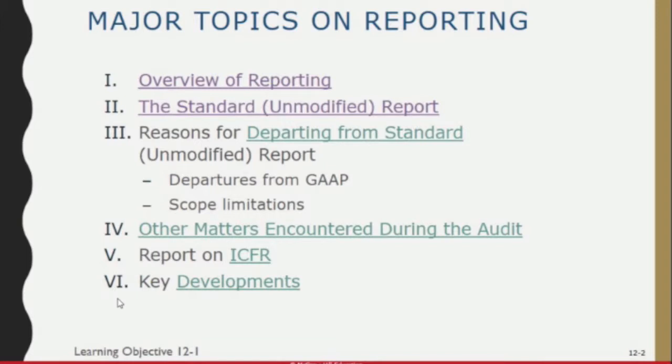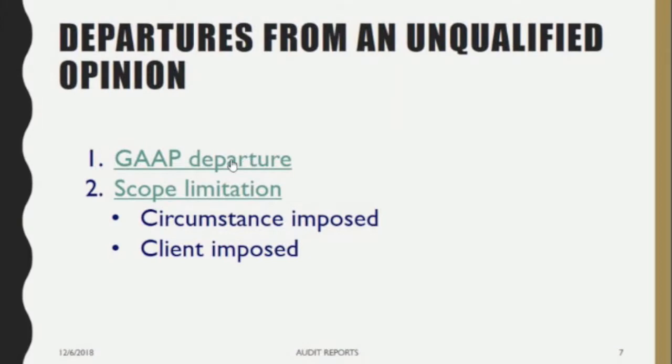But we don't always have that situation. We have situations where there are departures from the standard unmodified report. The textbook goes into group auditors, when the auditor is not independent. But for our class discussion and for the exam purposes, I'm only going to focus on two of those departures. The first being a GAAP departure.